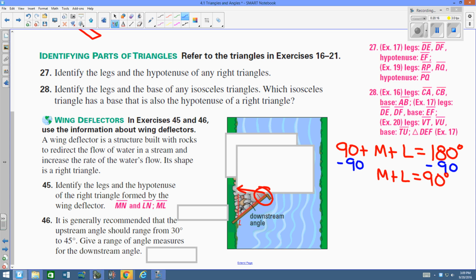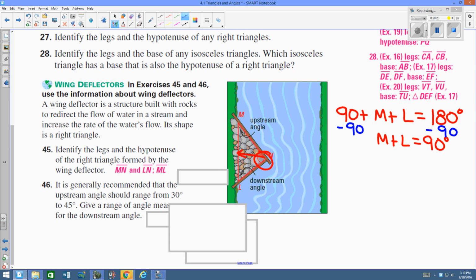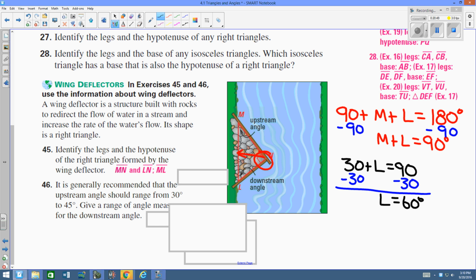So we're looking at the upstream angle, which is M, can be 30 to 45. So let's plug in 30 and see what happens. If we have 30 plus L equals 90, and we subtract 30 on both sides, angle L would equal 60 degrees. So that's the biggest it could be.